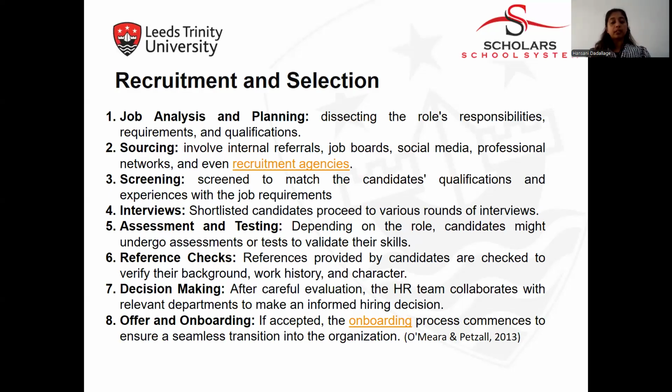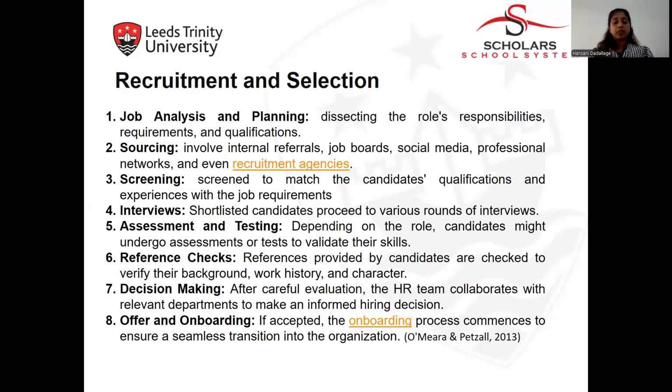So they include internal referrals, job boards, social media, professional networks, and even recruitment agencies. Third step is screening. Screening should be done to match the candidate's qualifications and experiences with the job requirements. So once the applications are received, it is important to screen the applications to check whether the candidates match the requirements of the job. Then we can move on to interviews.